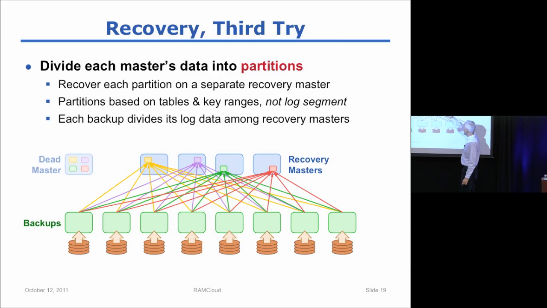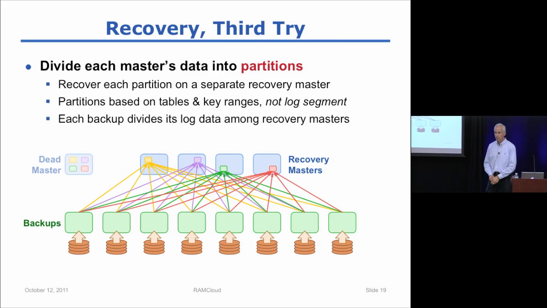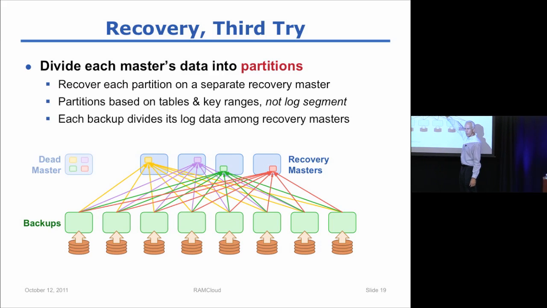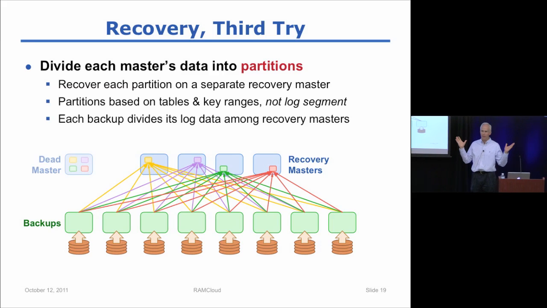And so they just recover that data, incorporate it into their log, and continue servicing it. Of course, that means you have to run the system with a little bit of excess capacity so that you have the spare capacity when a machine crashes. But remember, if you're using 100 recovery masters, that's only a 1% chunk for each machine. So if you kept 10% spare capacity, that's enough to handle 10 crashes, for example.